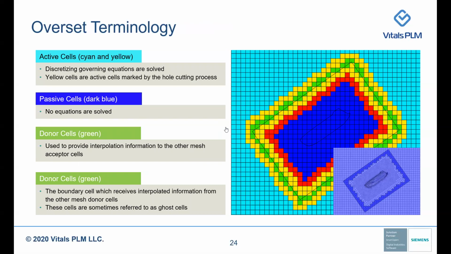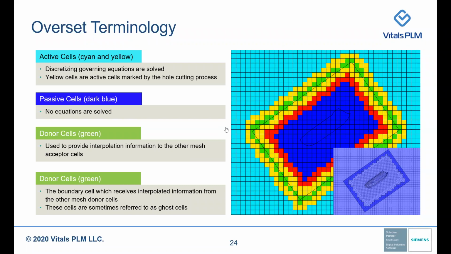To further understand the methodology behind the Overset mesh method, it's good to understand the terminology used in Overset. Here we have different colors. The active cells, colored in cyan and yellow, are where the discretized governing equations are solved.